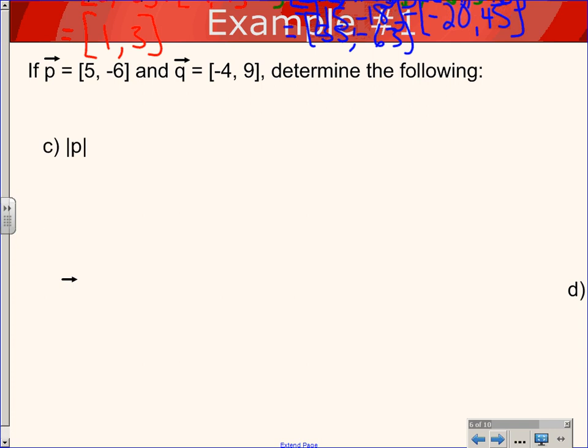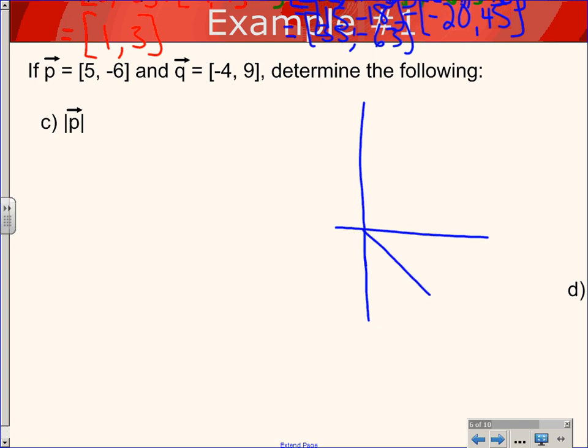Okay. Oops, I lost my vector. Magnitude of vector p. So vector p looks more or less like this. 5, minus 6, it's coming down here like that. So 5 over and down 6.